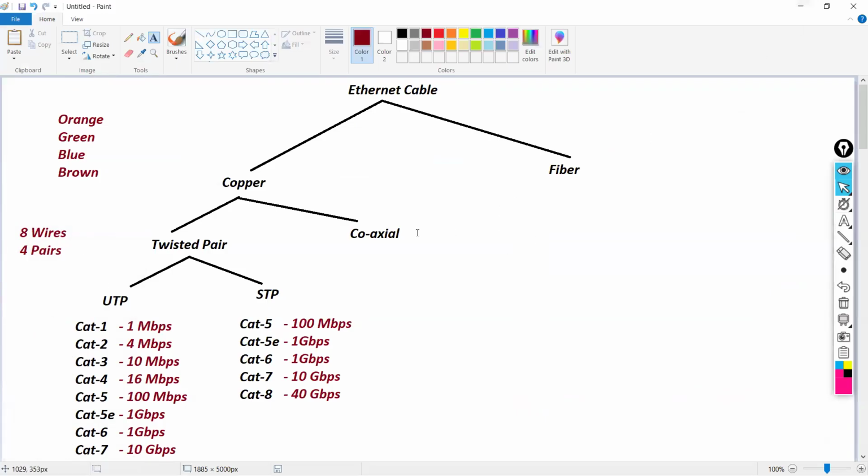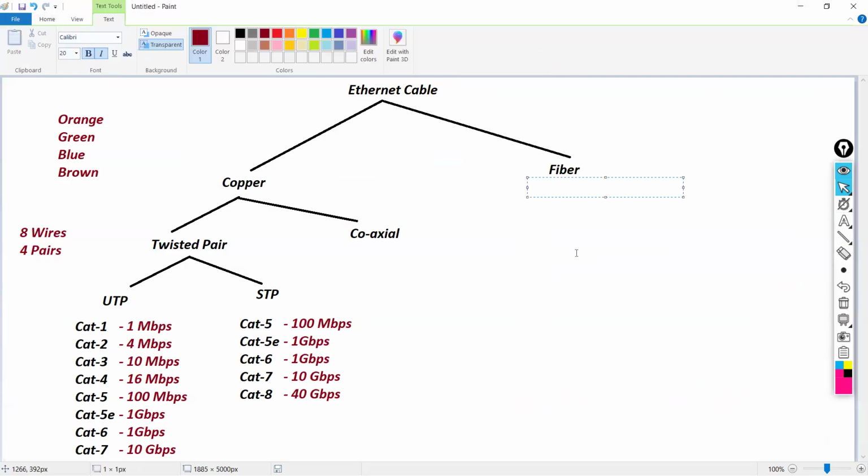Now, if we talk about fiber cables, how many types of fiber? Fiber two types, single mode and multi-mode. Your single mode cable is able to transmit information to large distance.